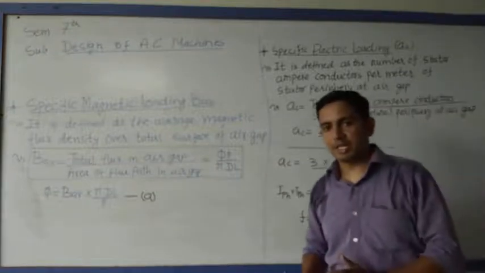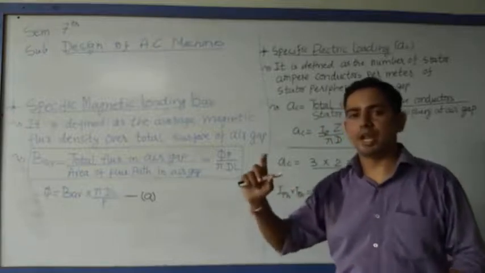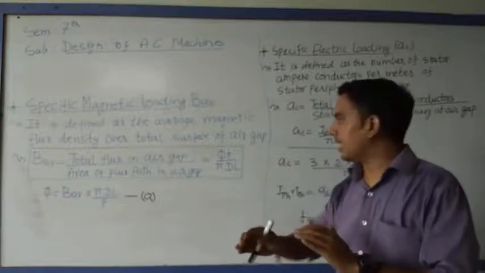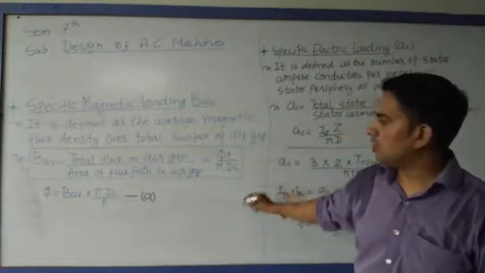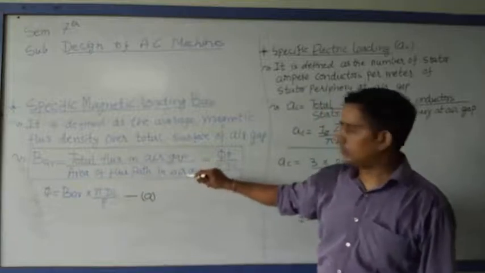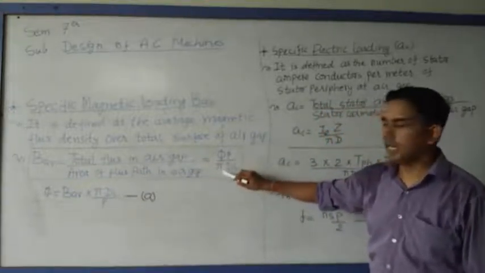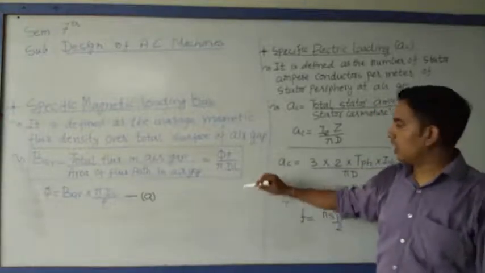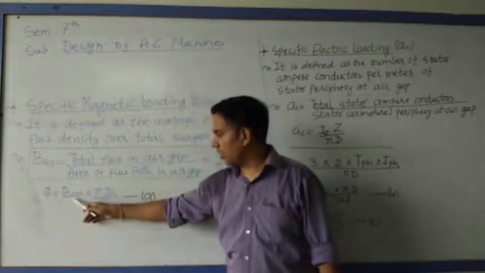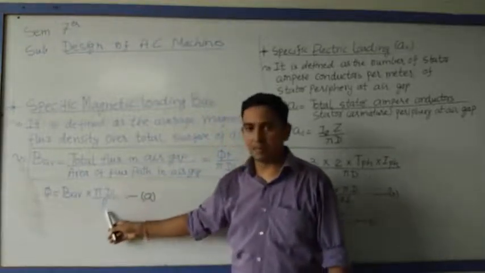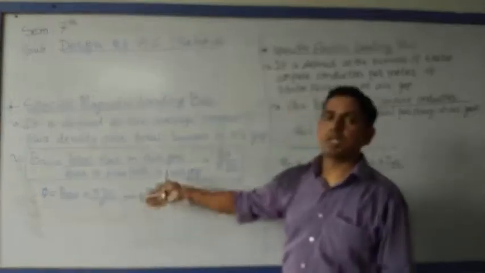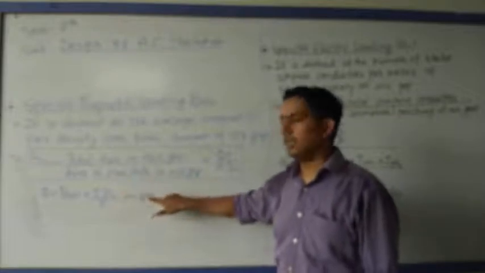It is also denoted by this equation: Bav is equal to total flux in air gap divided by area of flux path in the air gap, which is equal to phi P divided by pi D L. If we make the equation for phi, meaning flux, we get phi is equal to Bav multiplied by pi D L divided by P. We term it equation A. We are going to use this equation of phi in the next theory.